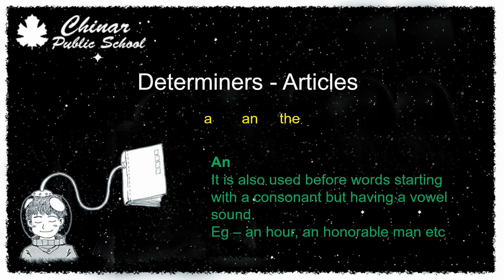An is also used before words starting with a consonant but having a vowel sound. Example, an R. Now R is having a sound of A, that is, A is a vowel.